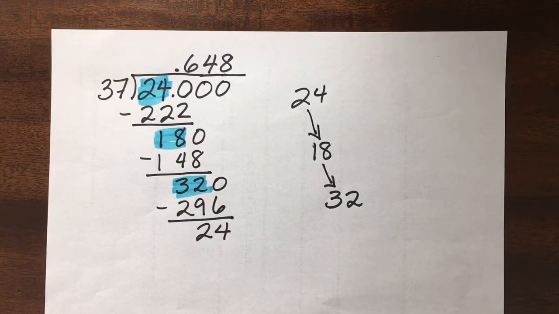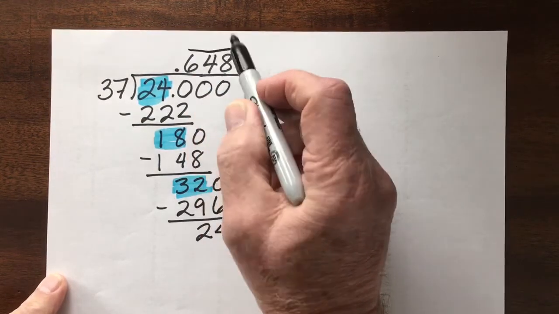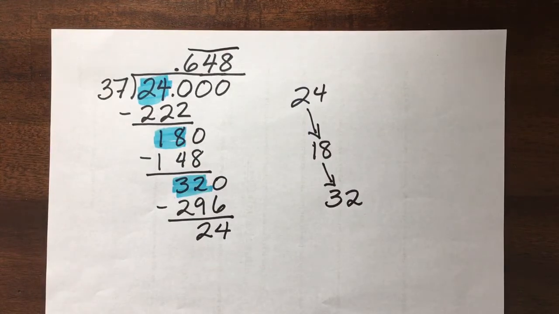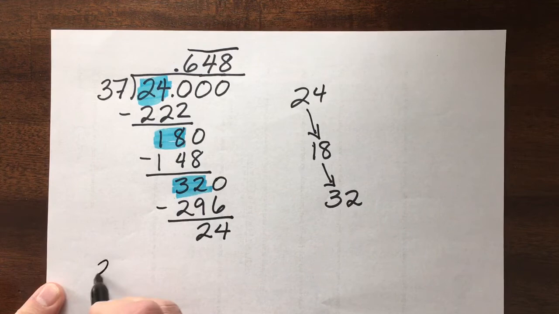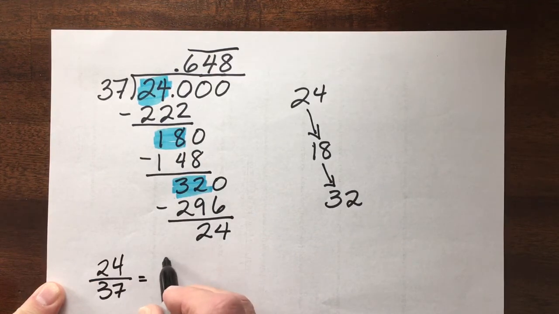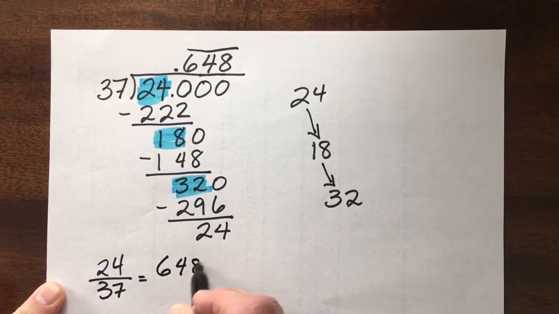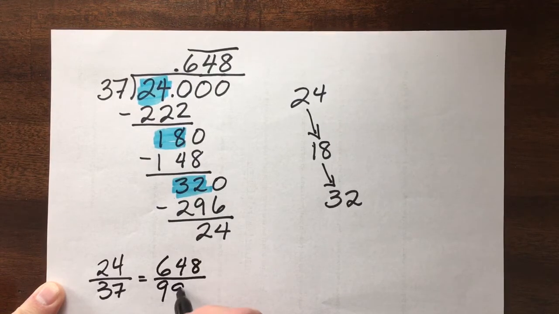It looks like dividing by 99 is just special. But then notice that this turned out to be the same repeating decimal we had before. And so 24 over 37 must be the same thing as the fraction we had before, 648 over 999.